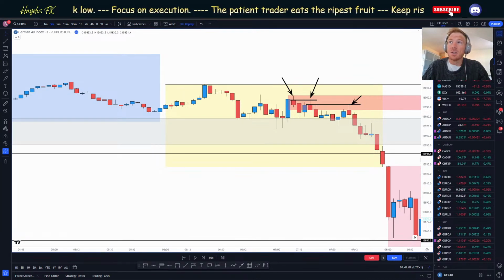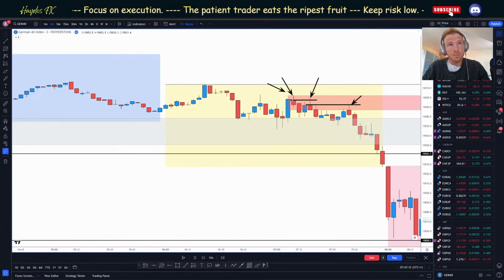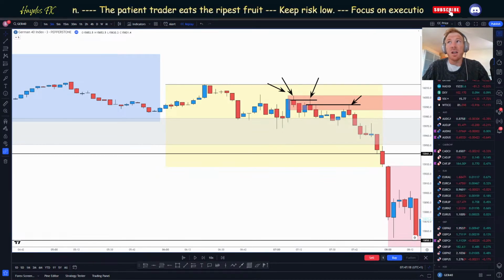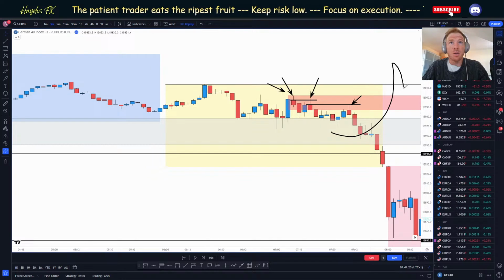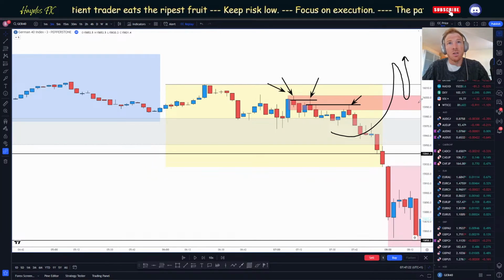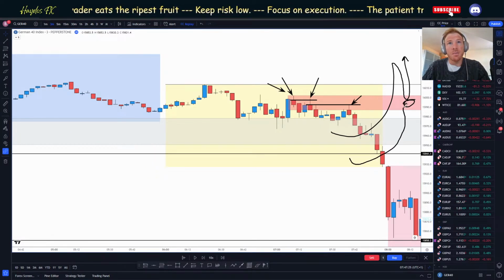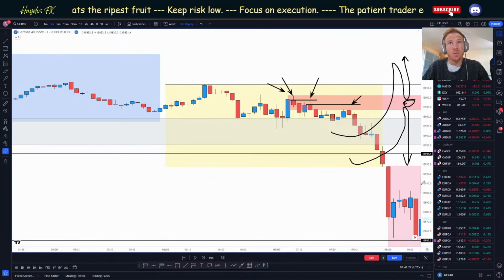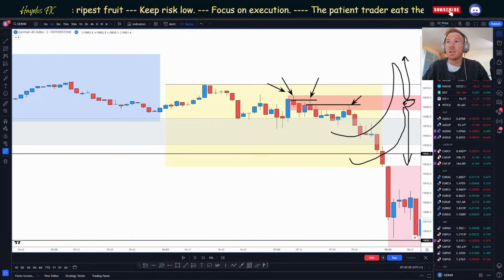Retested it. So this is the manipulation where it's rejected. So this is a support resistance area. If we can break above that, I'll be looking for things to trade off of it. Or if we come back up and we hit it, we can look for rejections from it.